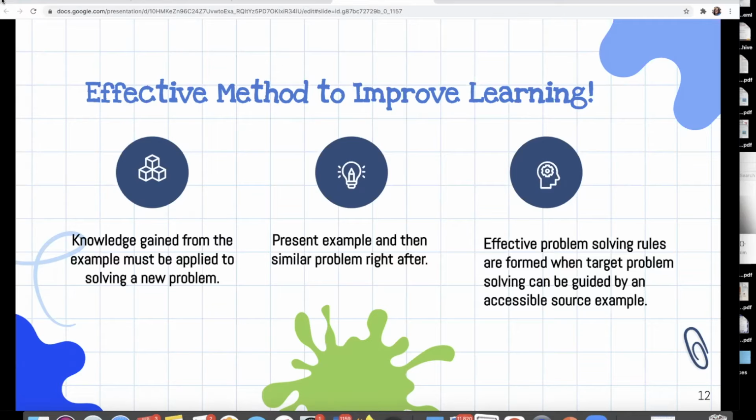And then effective problem solving rules are formed when target problem solving can be guided by an accessible source example. If you think about it, I was thinking about that yesterday, like I said, when I was reflecting back on this. I always reflect back to my own learning. I can remember those old textbooks that we had, and they would put the sample problems in there for us.